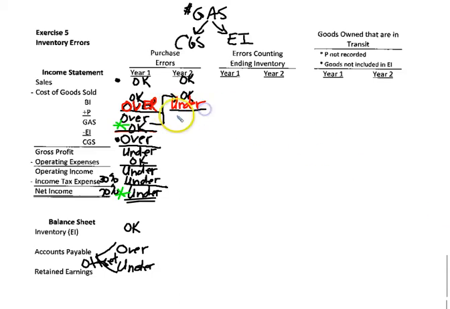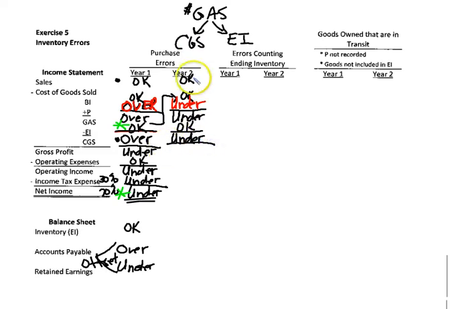If that's understated, goods available for sale will be too low. It will also be understated. Assuming we don't make a mistake in counting our inventory, cost of goods sold is going to be too low. So again, we have too small an amount in goods available for sale. If we put the correct amount in ending inventory, cost of goods sold will be too low or understated.